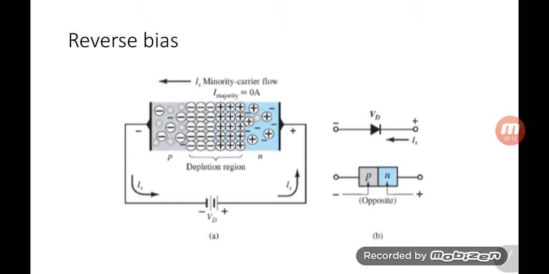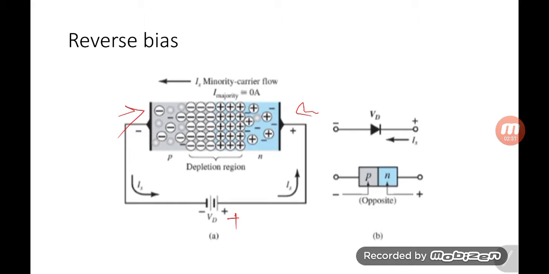So if we apply some external voltage such that the positive terminal of the external voltage is connected to the n-type material and the negative is connected to the p-type material, then it is called reverse bias.